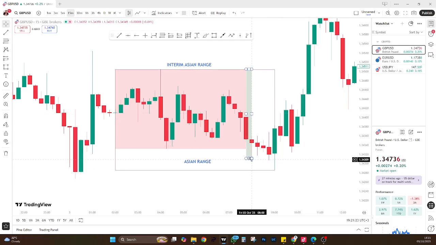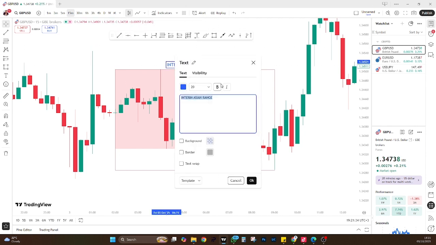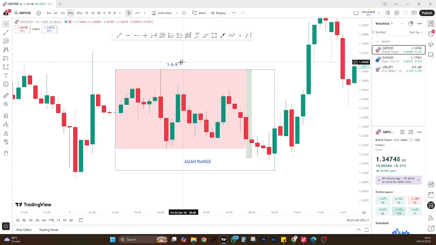So this move that happened between 7:50 and 8 a.m., this is what we call the 159 strategy. You see this move that happened here, that is the one.